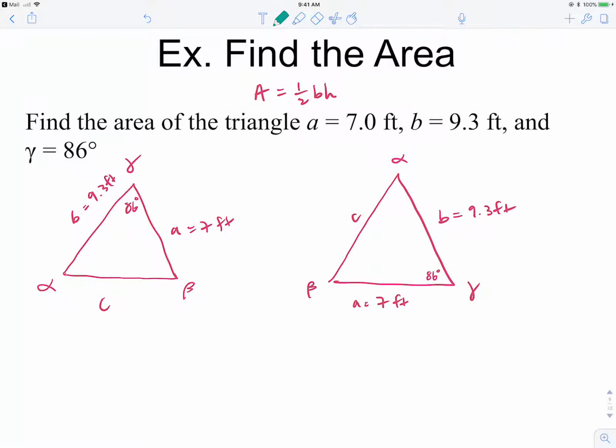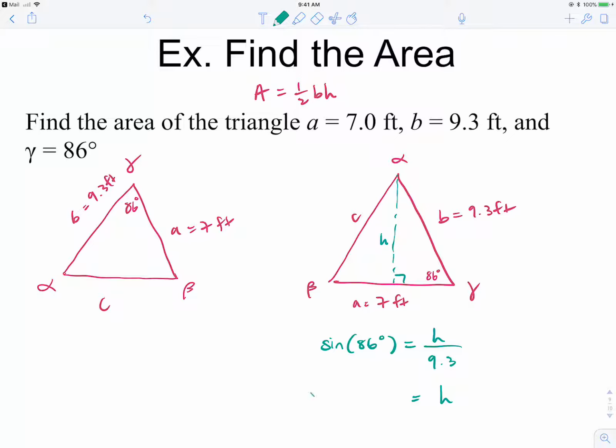So we are missing the height of the triangle. So the height would be a perpendicular, where you can construct a right triangle. And you could solve for the height of the triangle by saying, okay, well, sine of 86 degrees is equal to h over 9.3.